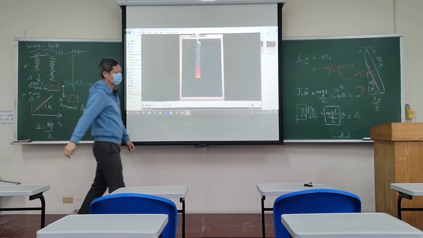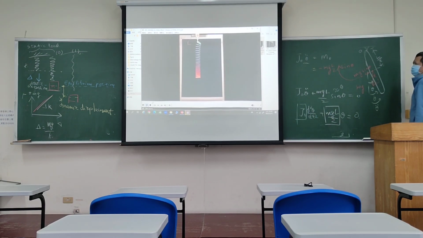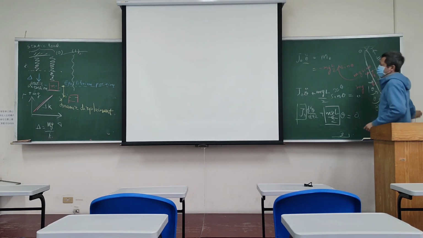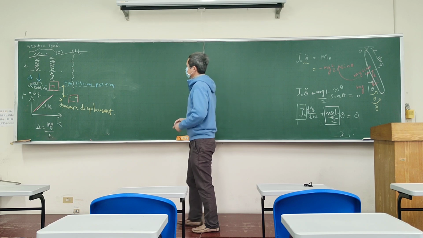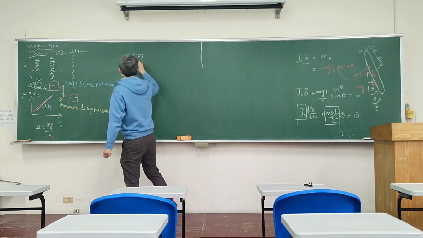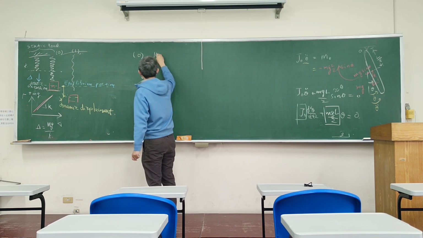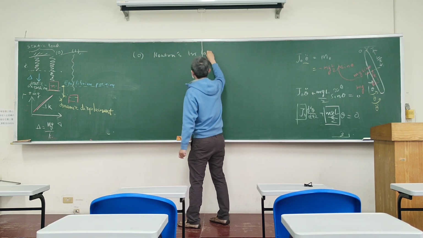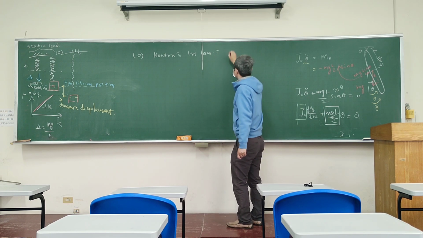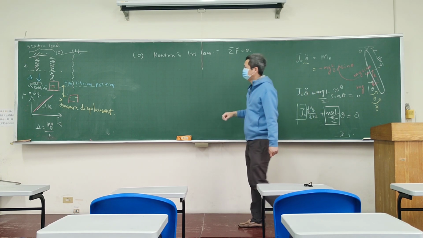So now we're going to write the equation of motion. Okay, let's see here. At the equilibrium state, you write Newton's first law. So what is it? Force sum is equal to 0. So what is the force?